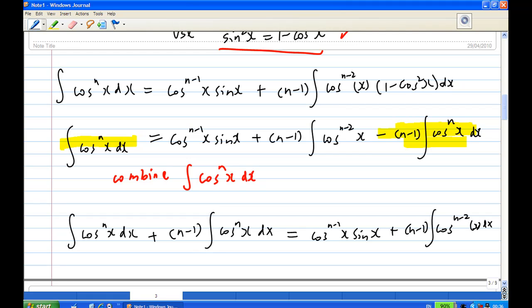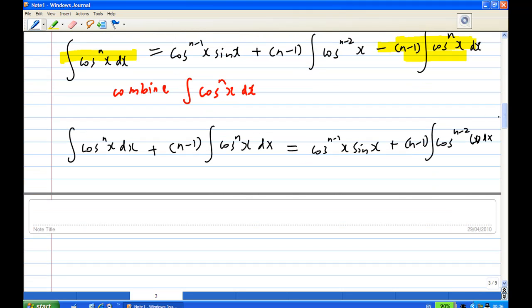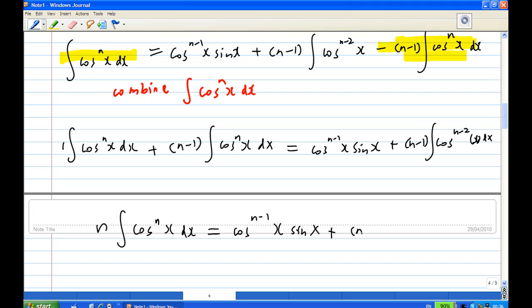Let's add up the left hand side. It is one copy of the integral of cosine x raised to the power n dx plus n minus 1 copies of the integral of cosine x raised to the power n dx. Added together, that is n copies of the integral of cosine power n, which equals cosine power n minus 1 x sine x plus n minus 1 times the integral of cosine power n minus 2 x dx.